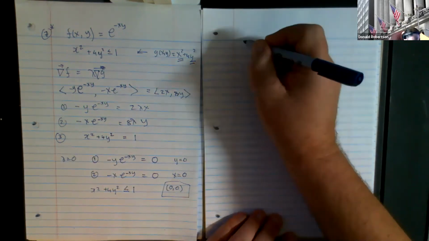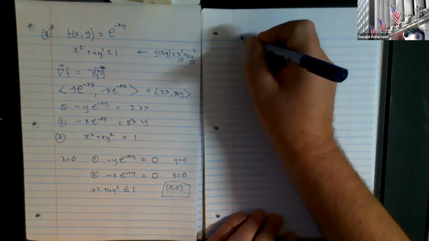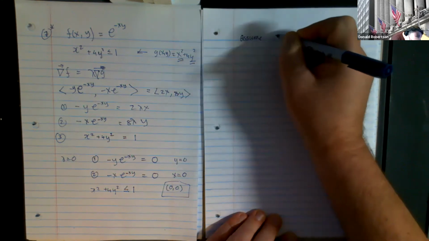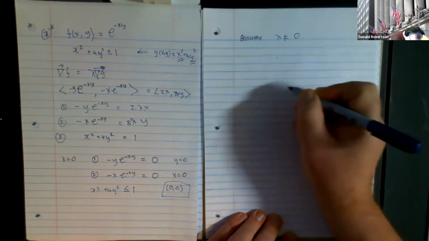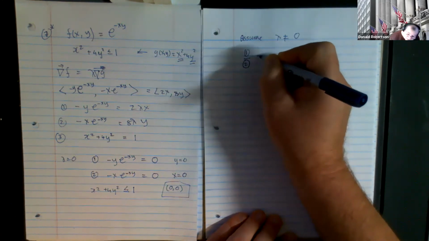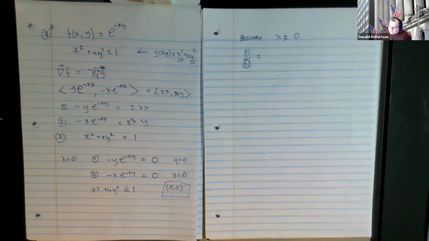Right, so now we need to assume that lambda is not equal to 0. And then we are allowed to do equation 1 divided by equation 2. Can you see that it's a process? I do the same thing every time, with different functions, but the same process.